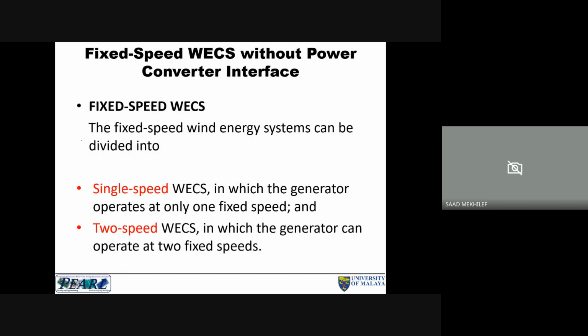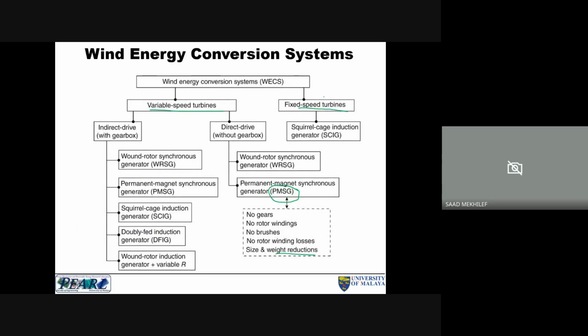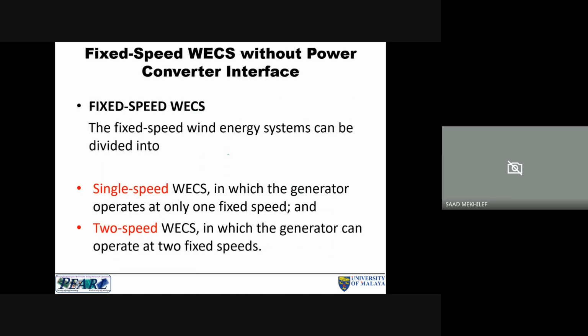In the chart here we also see the fixed speed turbines, and typically we mostly use squirrel cage induction generators. These are typical wind turbines that have been used. There are two of them, which can be either single speed or two-speed, so they can operate in these two modes.